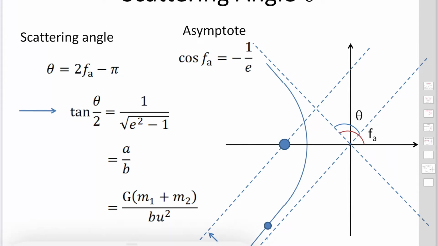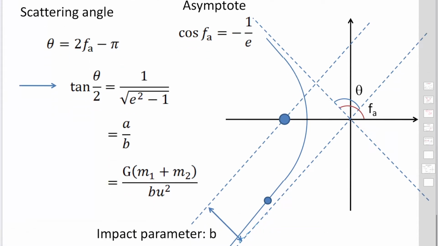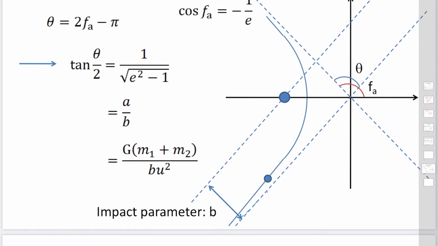Particles follow these lines, then change direction. This is the original direction, and this is the direction after the scattering process. The direction changes by an angle theta. We call this the scattering angle.